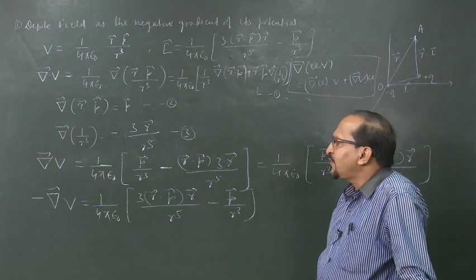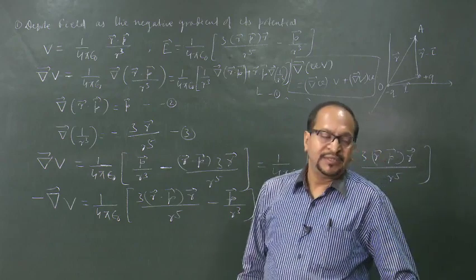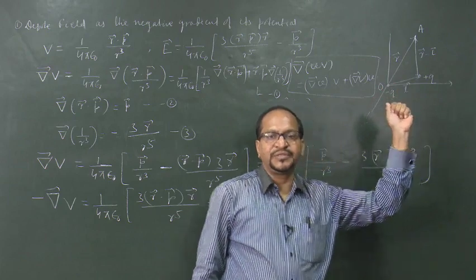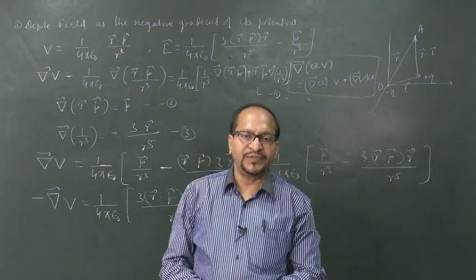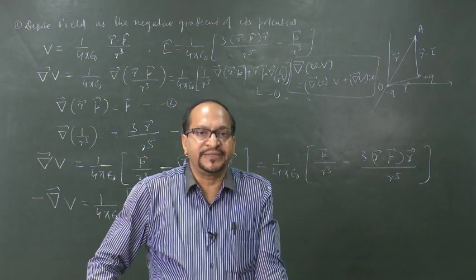Now, the potential we obtained here is at any point around the dipole, which is at a position vector r from the origin. Now, let us discuss some special cases.